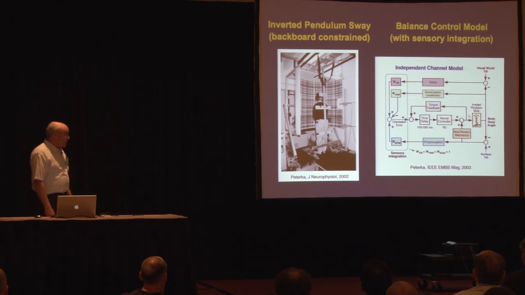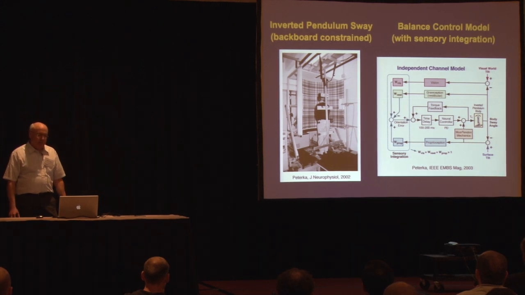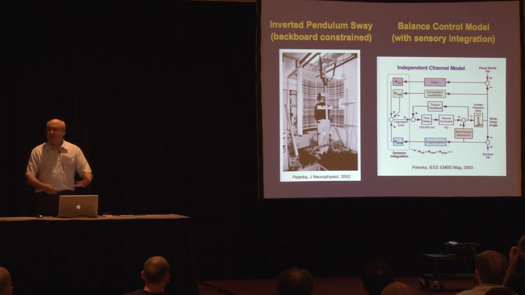That doesn't bother people to a large extent, and you get very similar data to what you get in the freestanding conditions if you just consider freestanding center of mass motion.